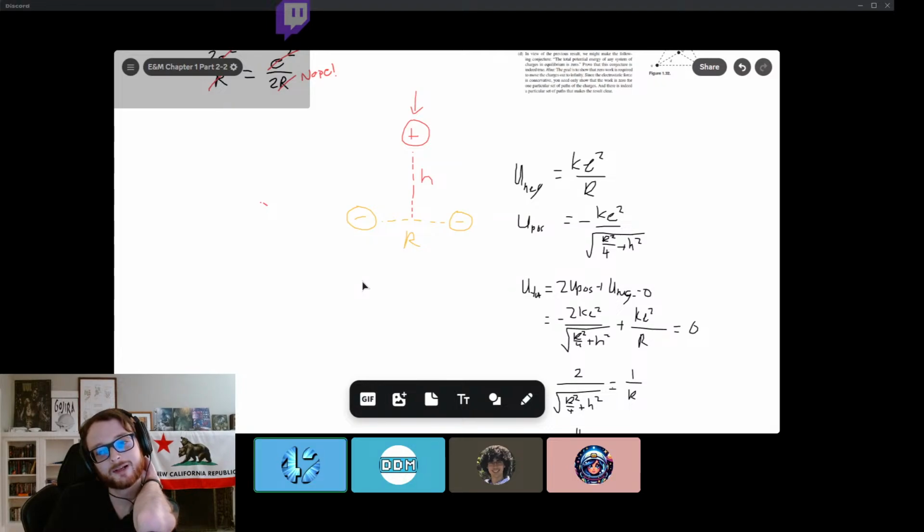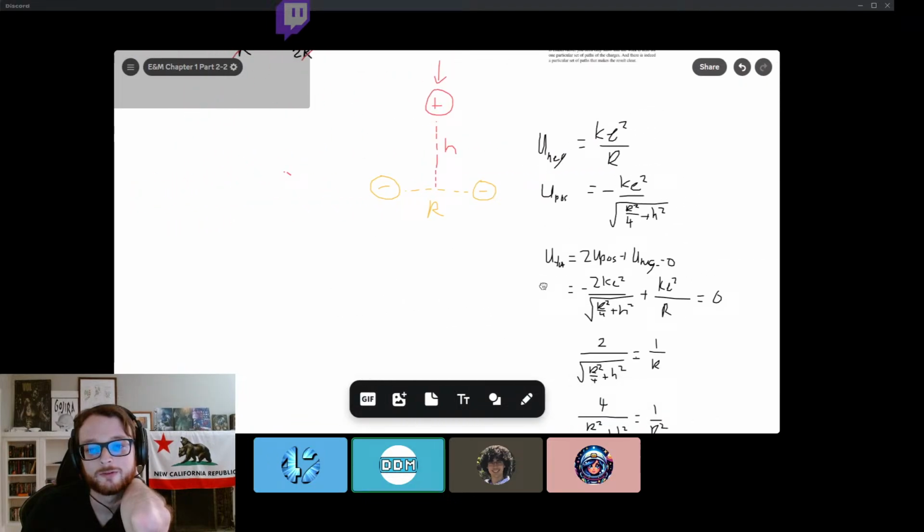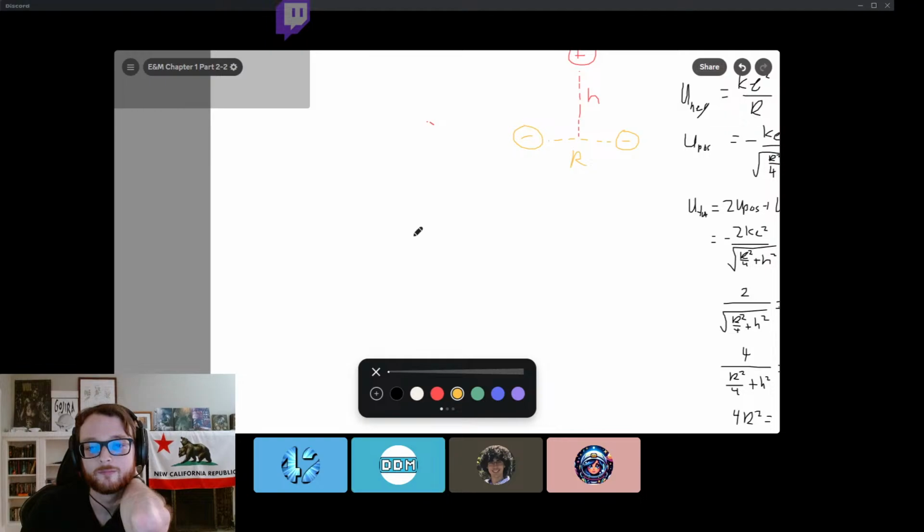But you know what? Just take that positive charge there and move it over, so instead of having it above, it's on the same line with the two electrons. And we can do the same kind of calculation.